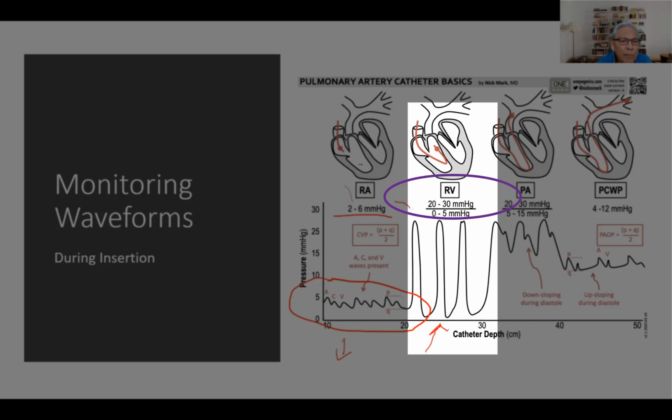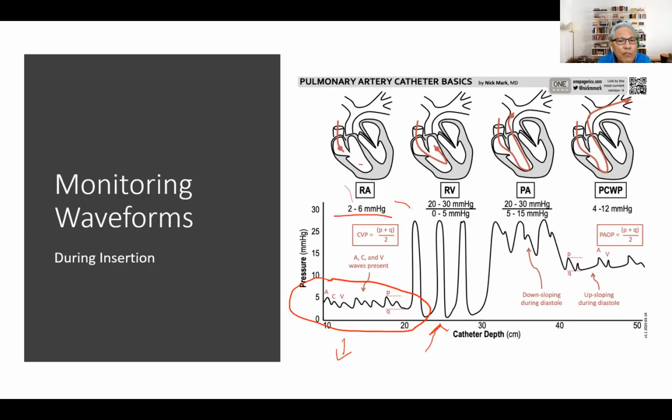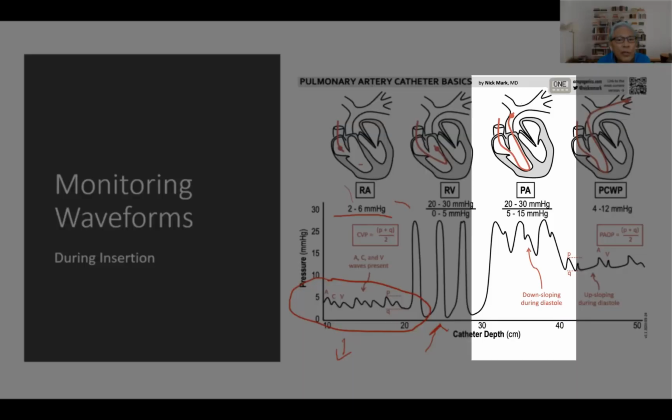The systolic can be as high as 20 to 30 millimeters of mercury, with a diastolic of around 0 to 5 millimeters of mercury. As it moves forward over into the pulmonary artery, there's a sudden increase in the diastolic pressure. The diastolic pressure is 5 to 15 millimeters of mercury, and it still has similar pressures for the systolic compared to the right ventricle.